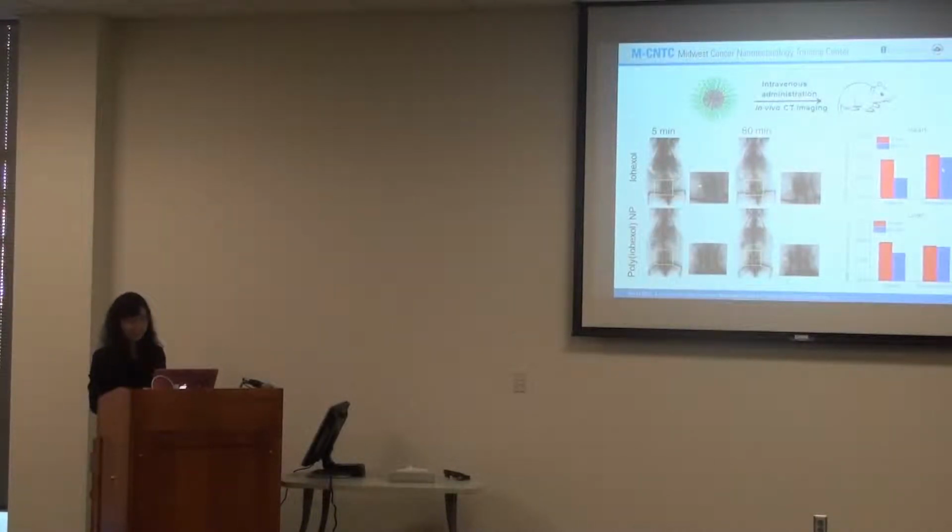We can see that the signal in the heart and the liver didn't show much decrease for the treatment with the nanoparticle contrast agent. However, for the treatment with the small molecules, we can see a large decrease compared to the original injection.